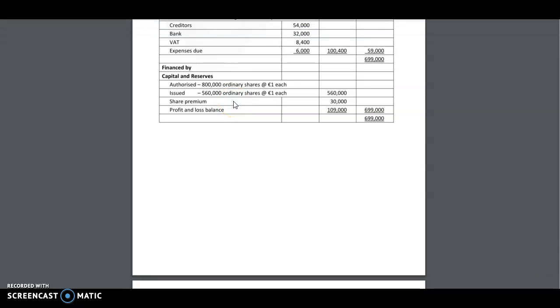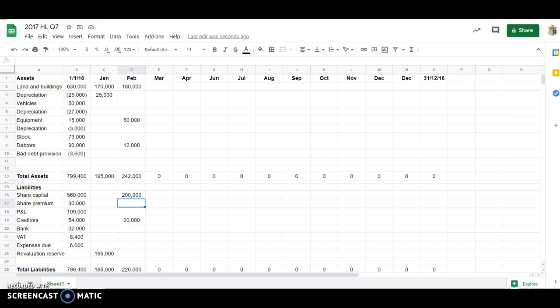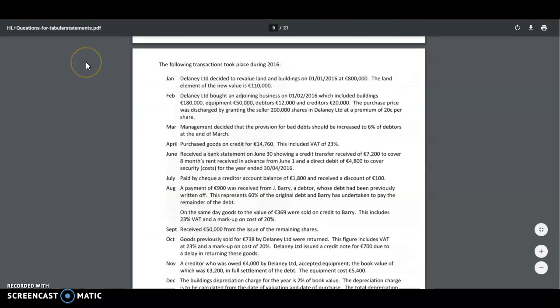So it's 200,000 shares we've issued, 20 cents of a premium on each one. So share premium, you're going to do 200,000 multiplied by 20 cents, which is another 40,000 of a share premium. All right, so that's all we're told about in the transaction there in February.